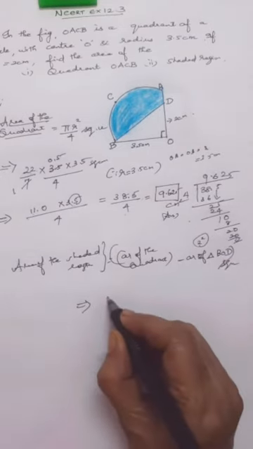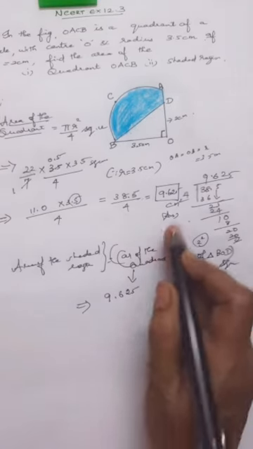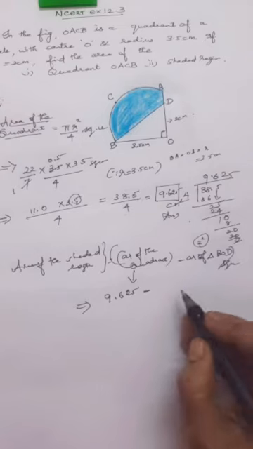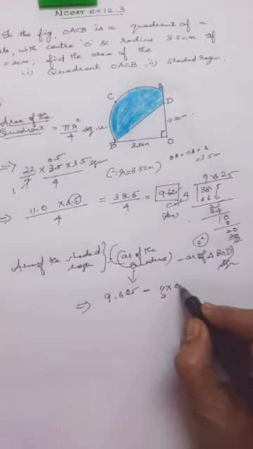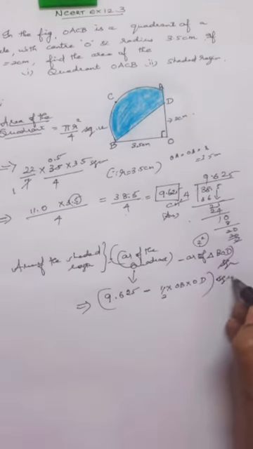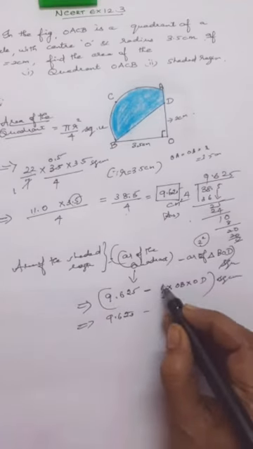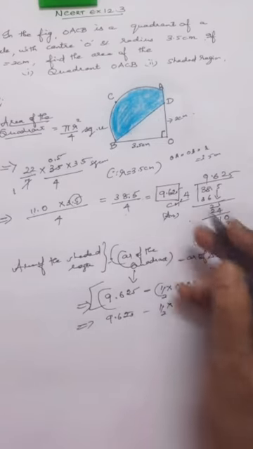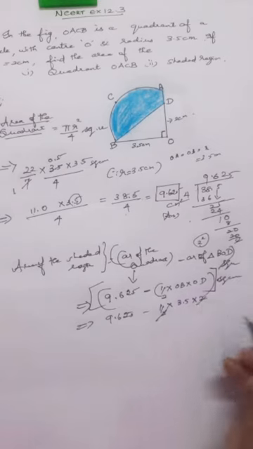Area of the quadrant is 9.625. This is from 1. Minus area of triangle BOD is half into B, that is OB, into OD square centimeter. So let us substitute the values. Half into OB is 3.5 and OD is 2. So 2 get cancelled.